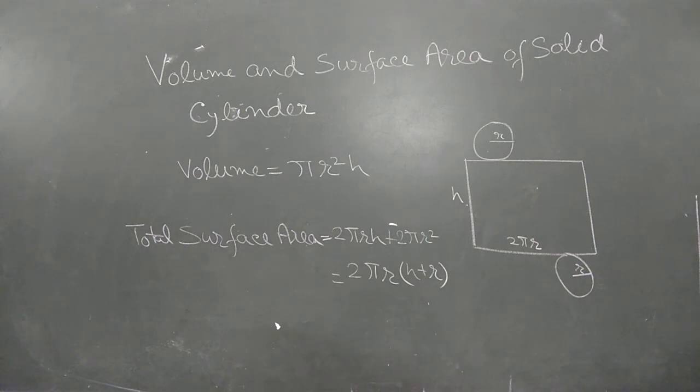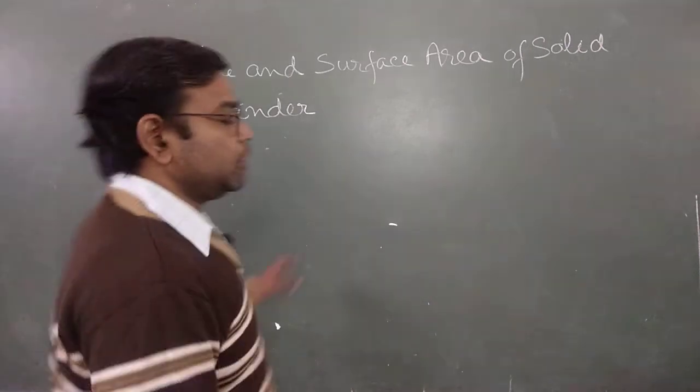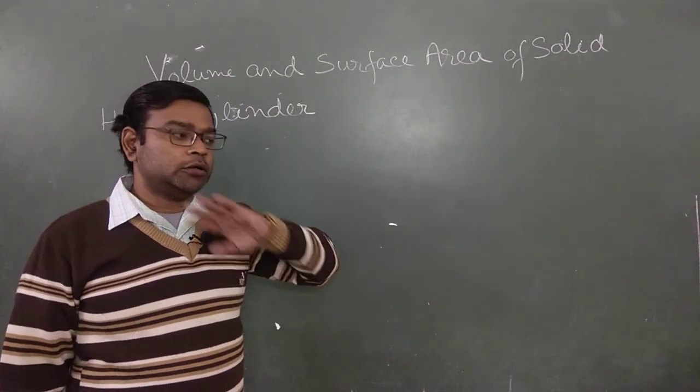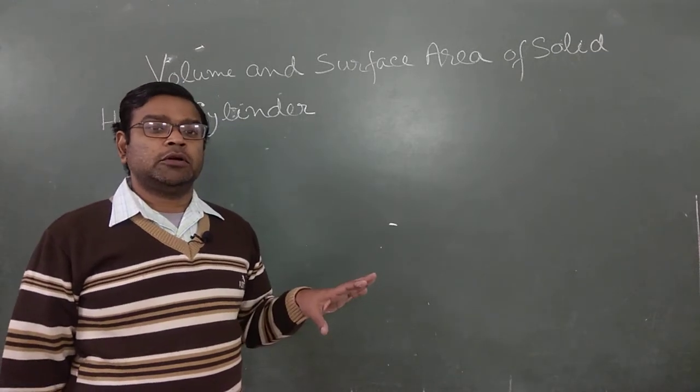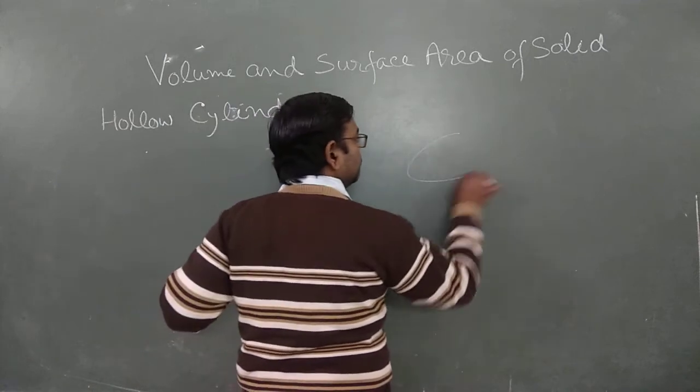Then we have a new topic. Our new topic is the hollow cylinder. What is the meaning of hollow cylinder? A cylinder which has a hole inside the solid, inside the body. For example, your pen.